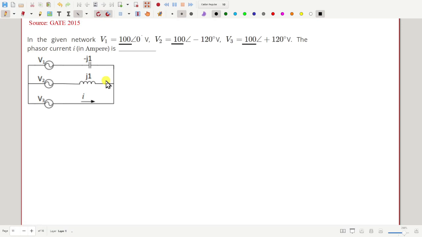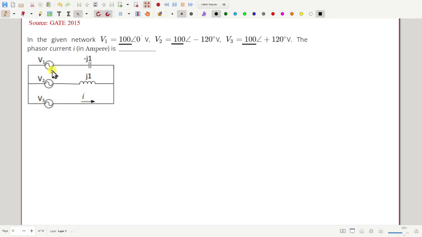Let me check how much I am able to convey to you today. So what kind of connection is it, star or delta? Star connection, both load side and source side. Is it a balanced system? Is the supply balanced? Yes. Is the load balanced?